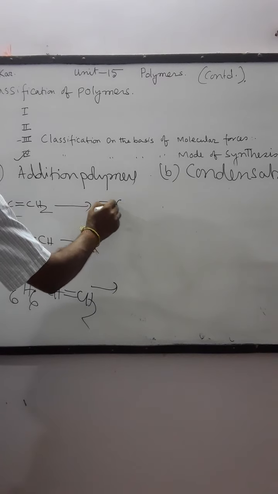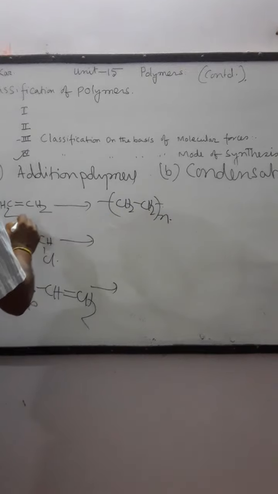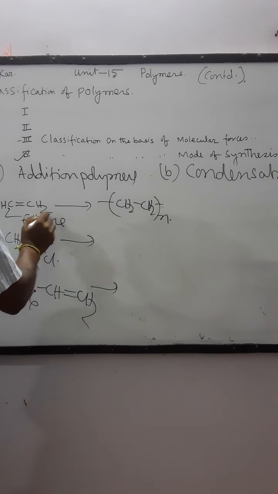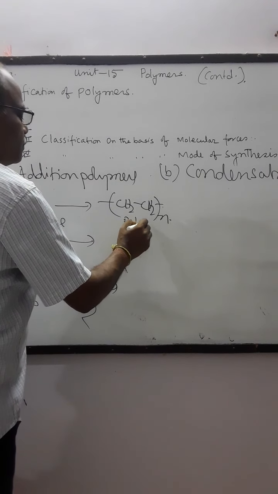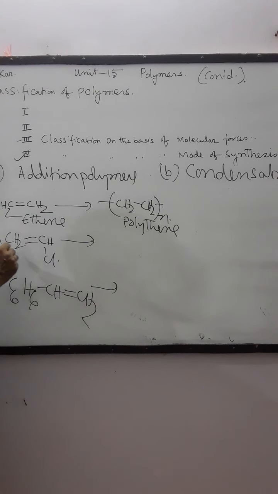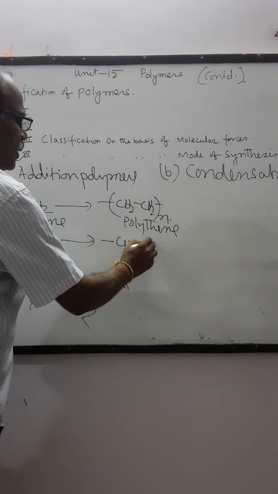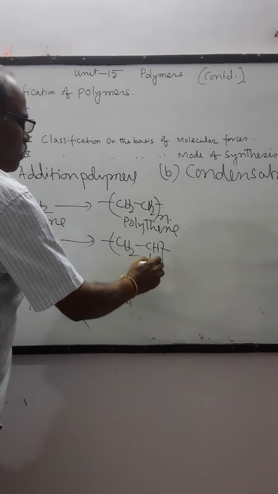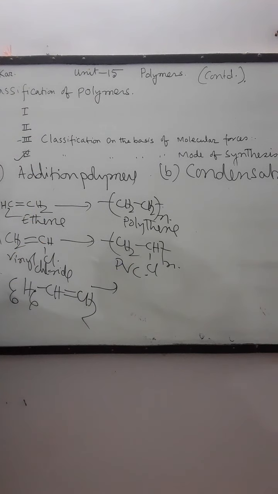So in this case, ethene monomer where unsaturation is present, it is called polyethene. Same chain is repeated. So this is vinyl chloride, again unsaturation present. If polymerization takes place, then we get polyvinyl chloride. It is also an addition polymer. Third one is styrene.